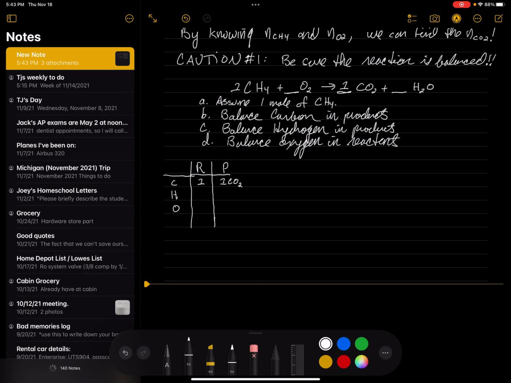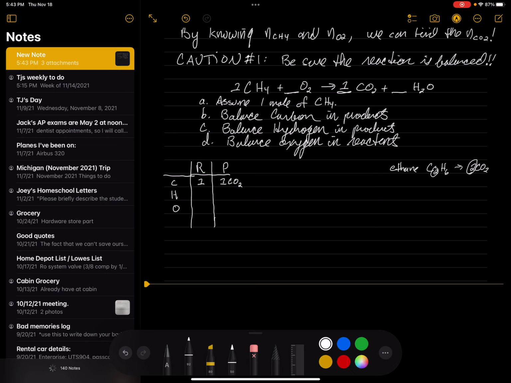Real quick, if this had been ethane instead of methane, right? So if it had been C2H6, that's ethane, then the number of moles in my products would be 2 CO2 because I have 2 moles of carbon atom in my fuel, and I need to then have 2 moles of carbon atom in my products. Okay?